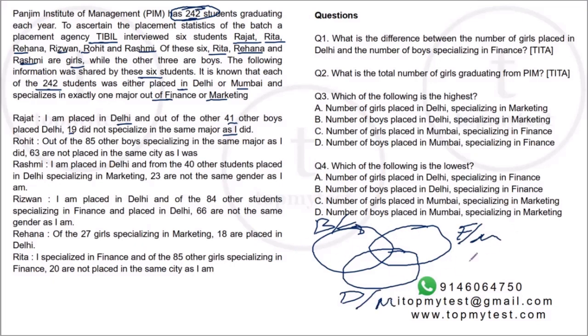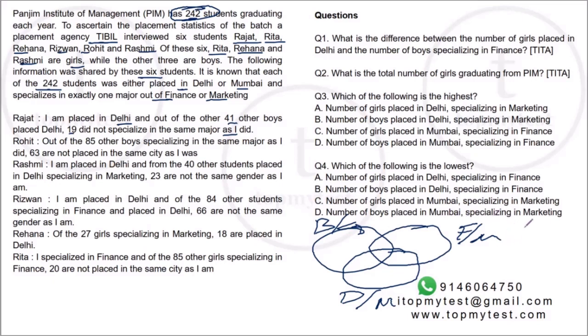Right, so we have a 3-level Venn diagram, and it might be useful to put it in the form of a table. The reason is that usually in a Venn diagram, you have a particular subject or not a particular subject. So they either play hockey or don't play hockey, they play cricket or don't play cricket, or they have a car or don't have a car. But here, if it is not a boy, it is a girl. That is still manageable. But if it is not finance, then it is called marketing.